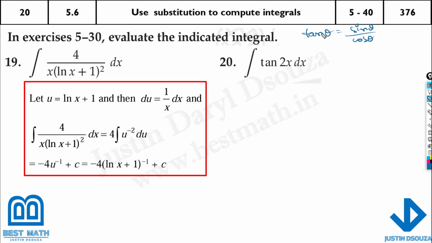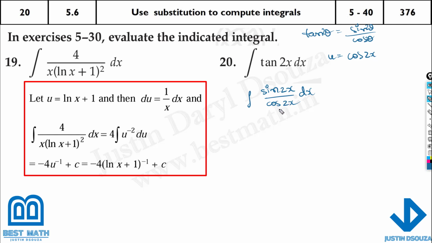Instead of tan, now we don't have theta, it is 2x instead of theta. This will be equal to integral of sine 2x by cosine 2x dx. Just remember that. So now what is u? U will be whatever is in the denominator, cosine 2x. I hope you remember I told in one of the previous problems.